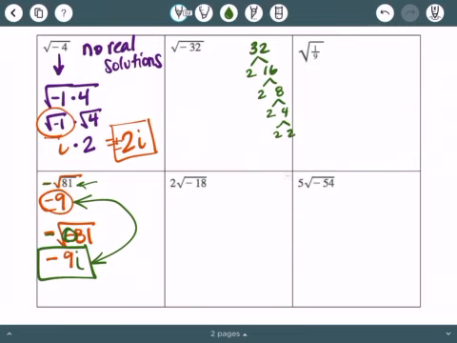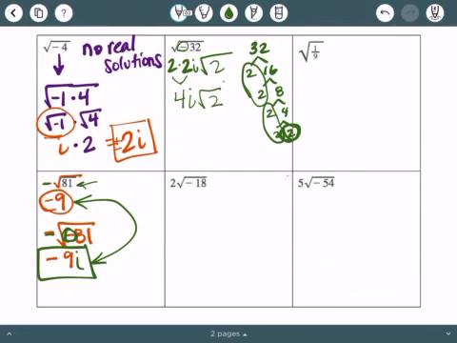I'm looking for groups of 2 here, so I'm going to take out this group of 2 and that group of 2. That means that I have 2 times 2 on the outside. This negative is going to create an I on the outside, and then what's left over inside is this last remaining 2. 2 times 2 is 4. I still have the I and the square root of 2.